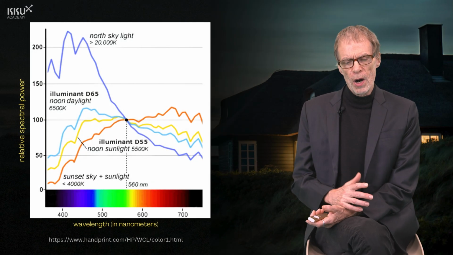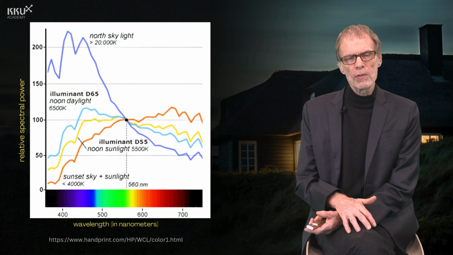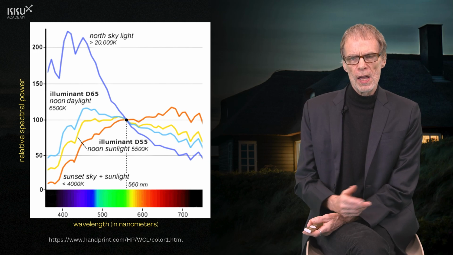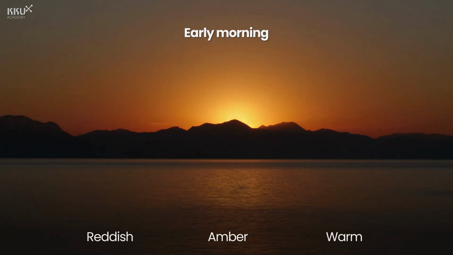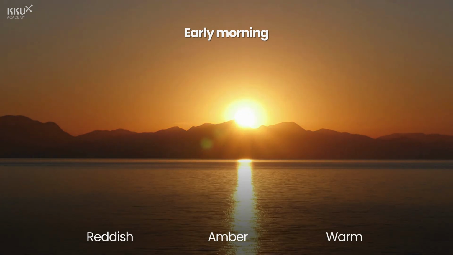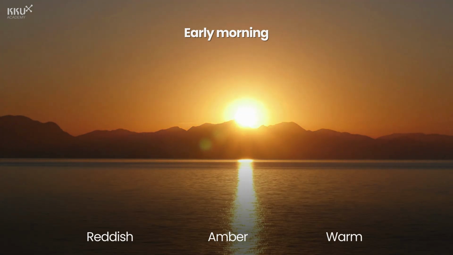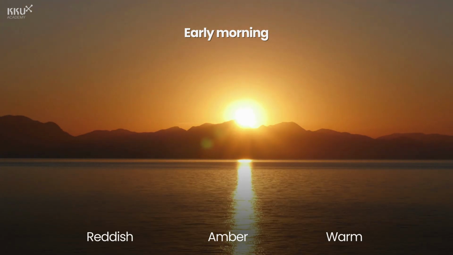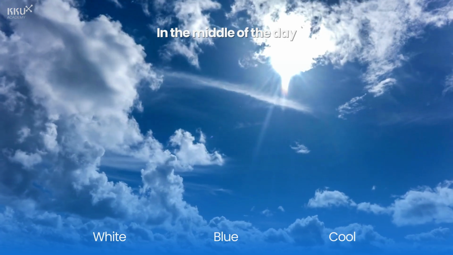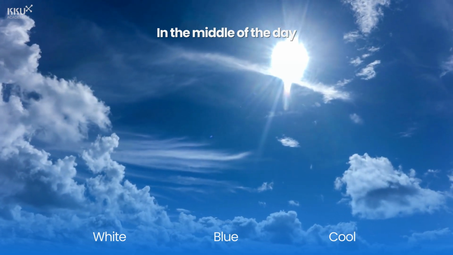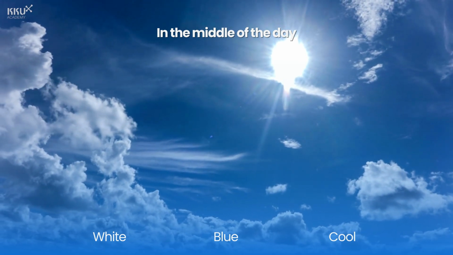In terms of our own biology, we've evolved under this very dynamic light source. In the very early morning and the very late evening, we have a very reddish amber spectrum where the color is very warm. And our biology is basically very much wired to seeing this. However, in the middle of the day, it's very white or very blue or a very cool kind of color distribution.